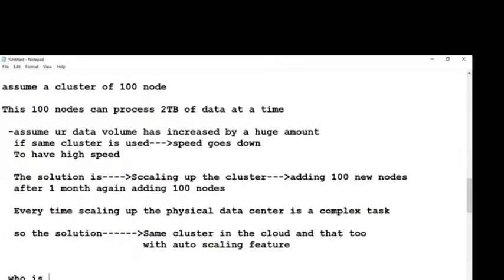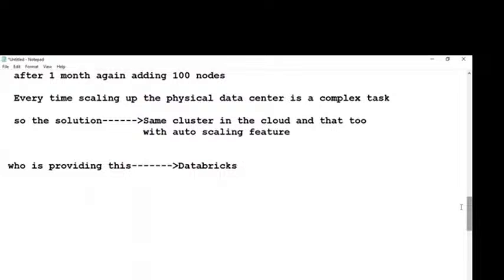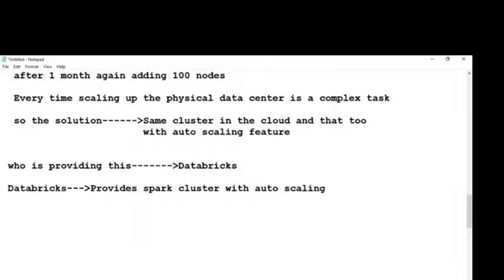Who is providing this? Databricks. So same cluster in the cloud, with auto scaling feature. Databricks provides a Spark cluster with auto scaling feature.